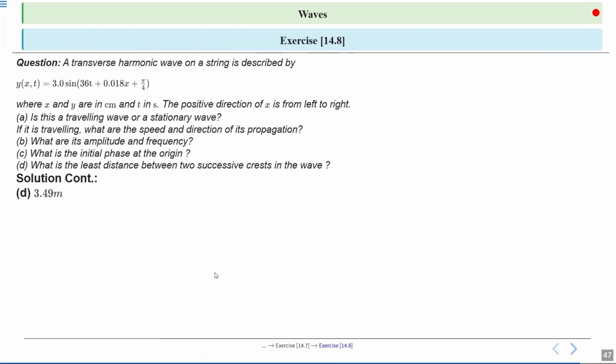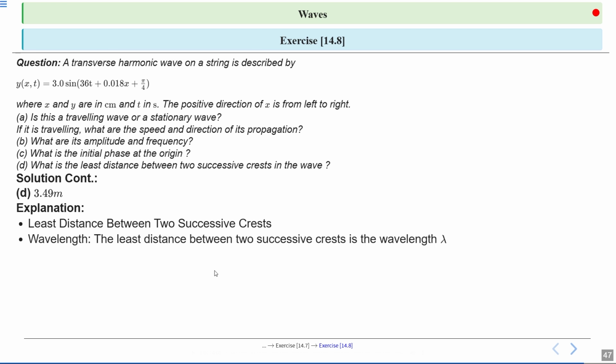Now the least distance between two successive crests in the wave is 3.49 meter. Let's see the explanation. Least distance between two successive crests: wavelength is the distance between two consecutive wave crests, and can be calculated as lambda equal to 2 pi by k.